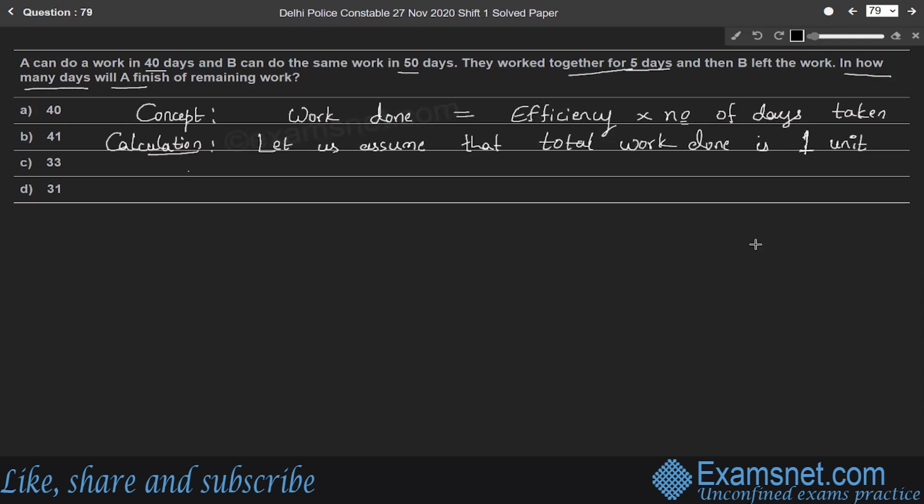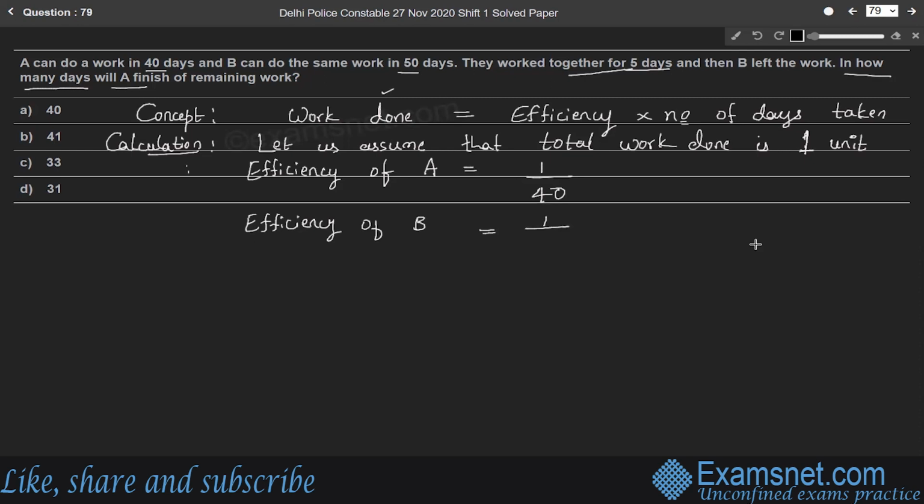Okay. So efficiency of A is equal to, according to the formula, work done by number of days taken. So here 1 by number of days. A took 40 days, so 1 by 40. Right? So efficiency of B. B can do the same work in 50 days.